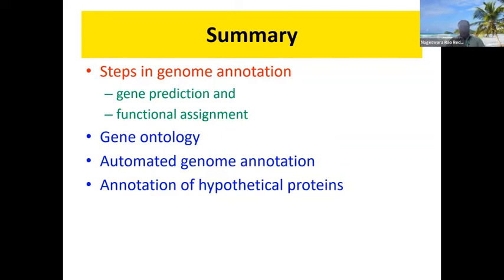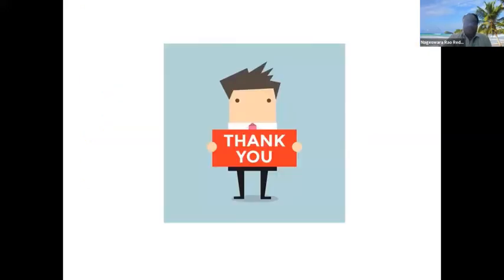And also we have learned annotation of hypothetical proteins. What are the steps which are involved with annotation of hypothetical proteins? So this is what we have learned in this genome annotation.